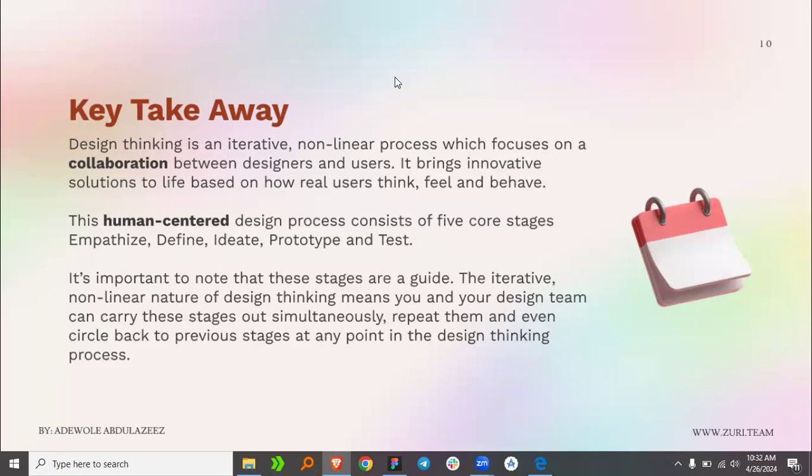Which is what I've been saying earlier too: you can always go back to any of the previous stages, provided that you identify a problem and you have to fix it for the user. Then you fix it, make sure you went through all the stages, and come back to test again, until you get it right.